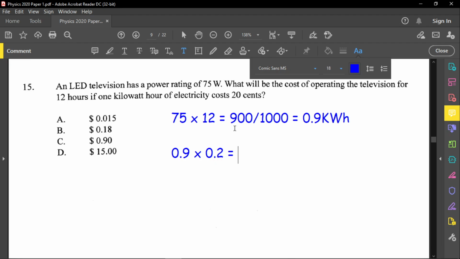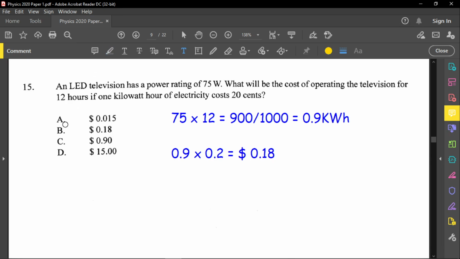So therefore, this will give us $0.18. All right, so that will be the amount that you pay right here. So this will be option B. All right, great. Now let's jump to our next question right here.